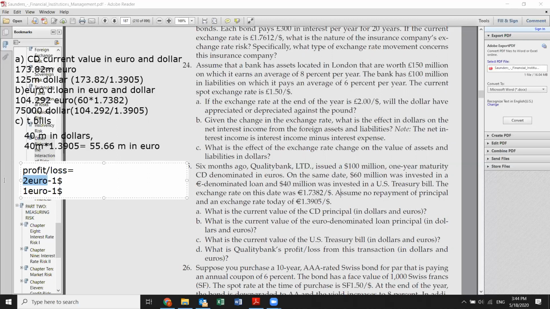Or make it tenge for a good comparison. Tenge was 425 and now it is 100 tenge. So what happened to tenge? Appreciated. Same thing with the euro.